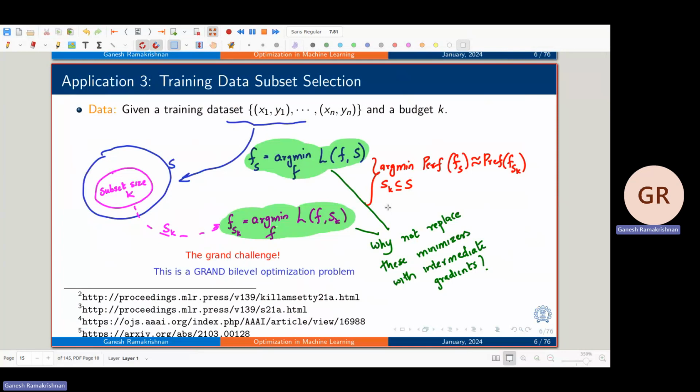You can see there are two levels of optimization: an argmin here and an argmin here. That's why it's called bi-level.